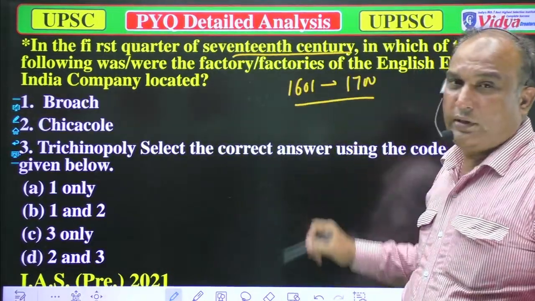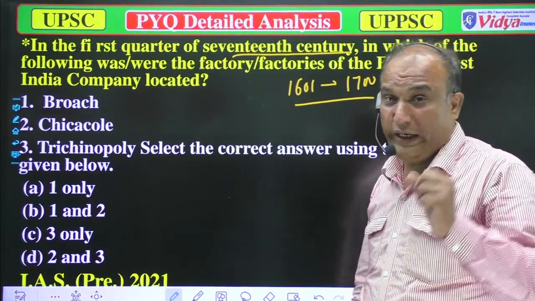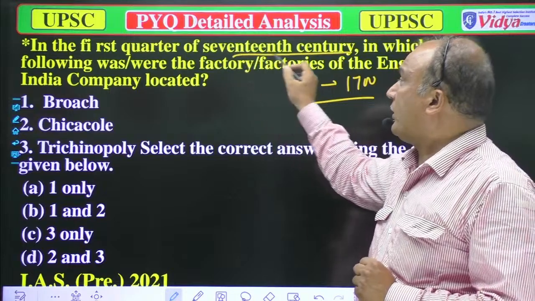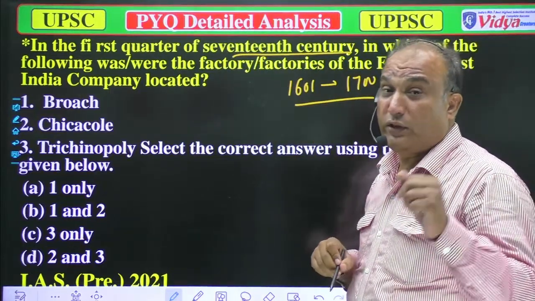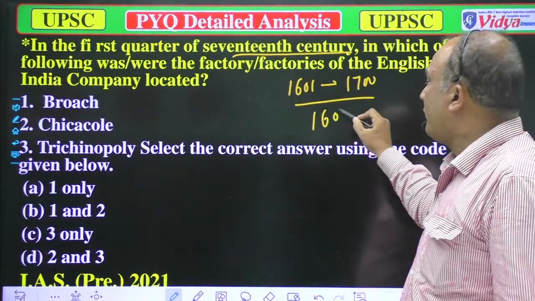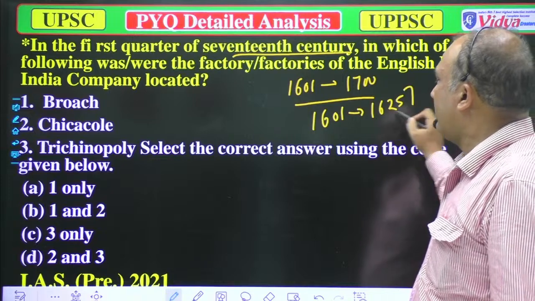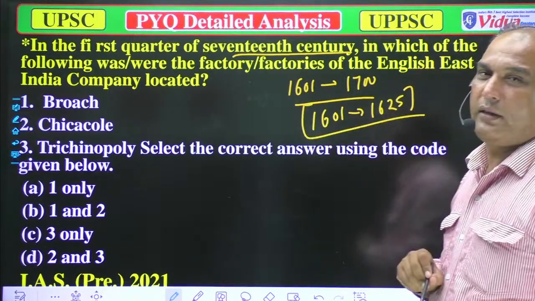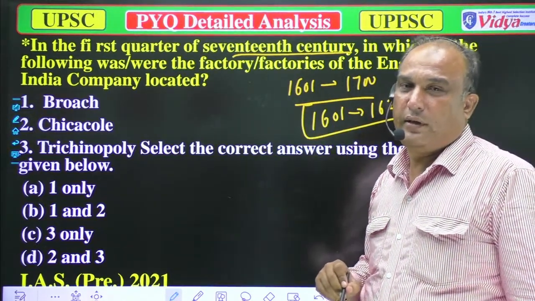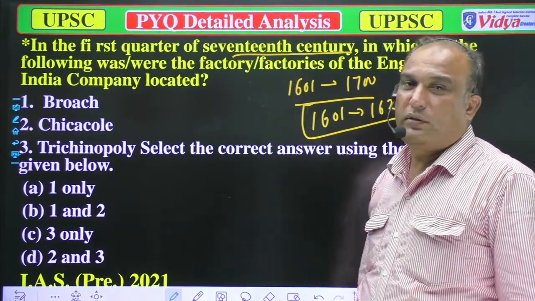You may note down how the century is calculated. The first quarter of the 17th century may be considered from 1601 to 1625, the first 25 years.